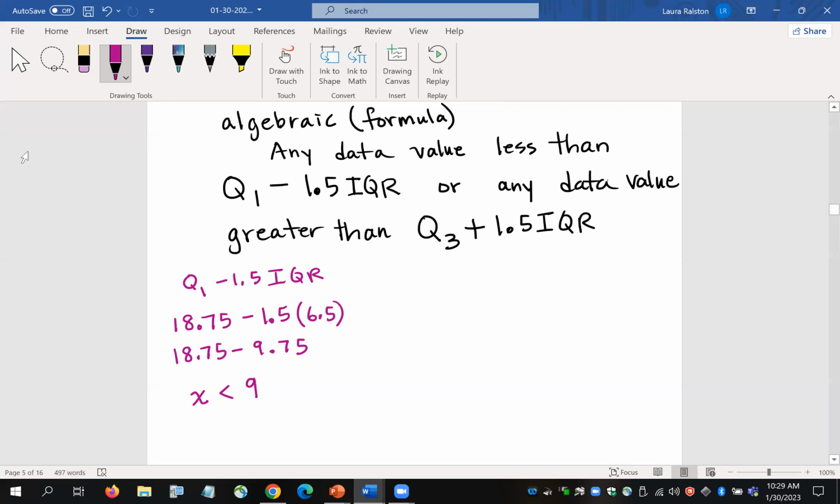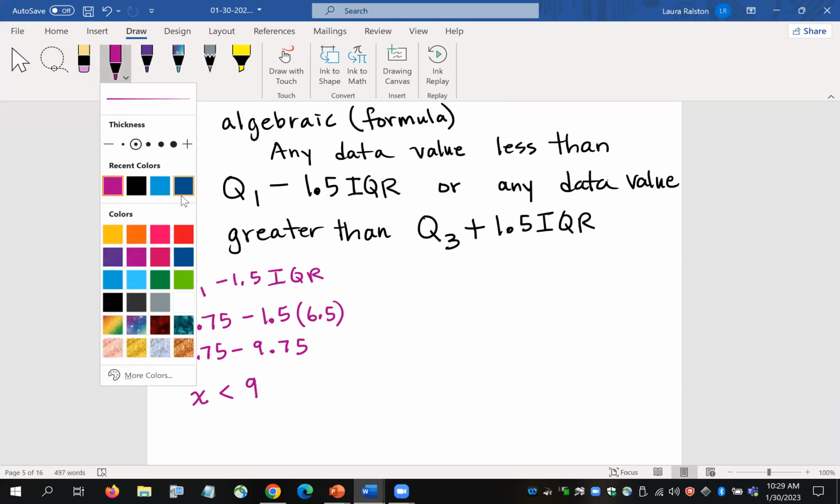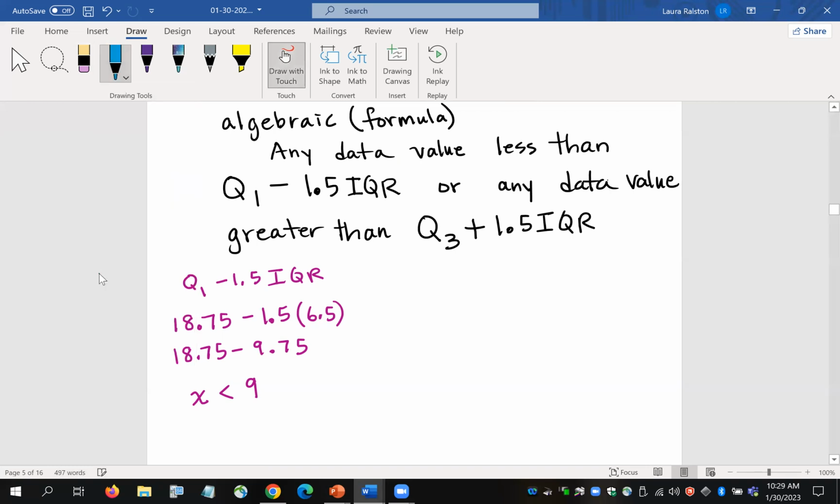But then on the upper end, I have Q3 plus 1.5 times the IQR. Q3 was 25.25 plus 1.5 times our IQR, which is 6.5.